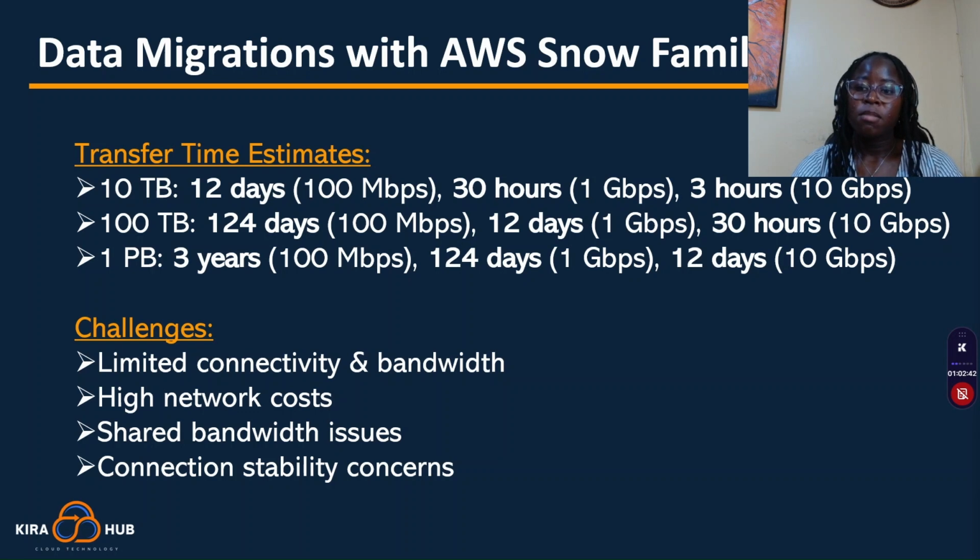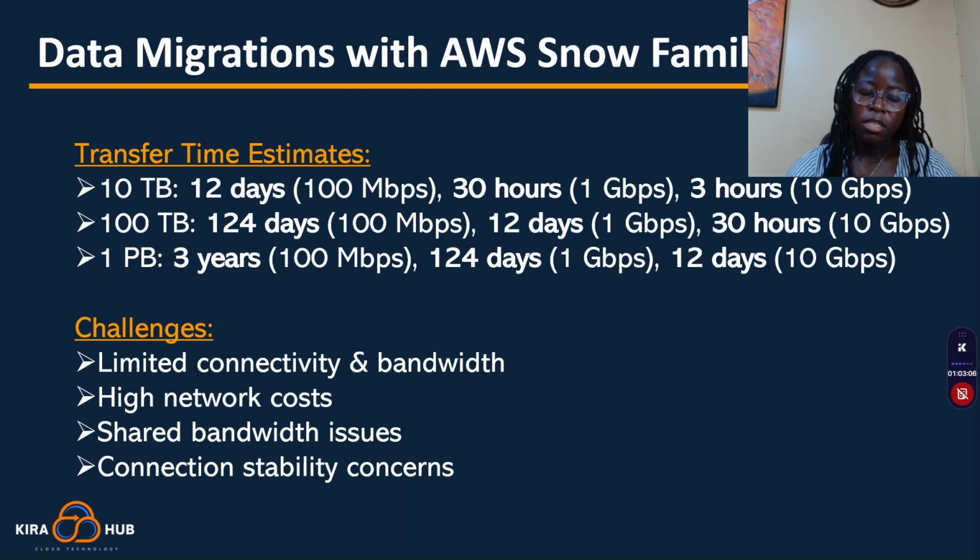And 10 gigabits per second takes about 3 hours. And honestly, I don't think I have used even a 10 gigabit per second network. So you realize how long it will take to transfer this data. If you have 1 petabyte and you're using 100 Mbps, it will take you 3 hours to transfer that data.